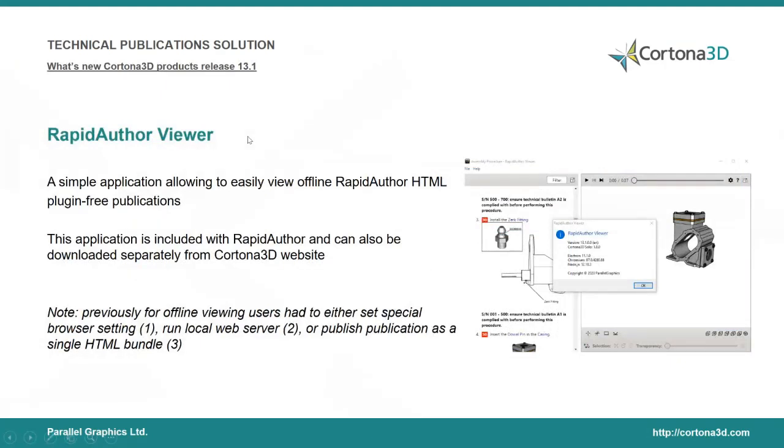Next feature, quite important one, is the so-called RapidAuthor Viewer. This viewer is a very sought after feature, which allows you to view offline HTML5 or plugin-free publications from the local file system without a need to either set special security settings in your web browser, deploy a local web server, or use the single HTML bundle publication option.